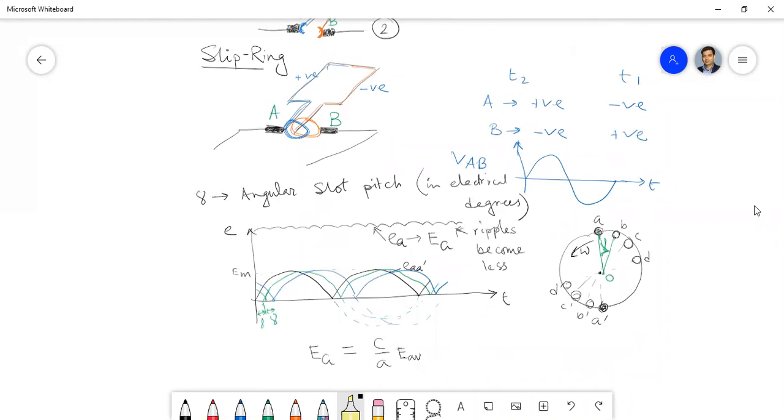So that means if we don't need any conversion of AC to DC or DC to AC, then we have to use the slip ring arrangement. Now, in the last class, we discussed if we don't need any conversion of the voltage waveform. Sir, you told that all throughout the thing will be DC.